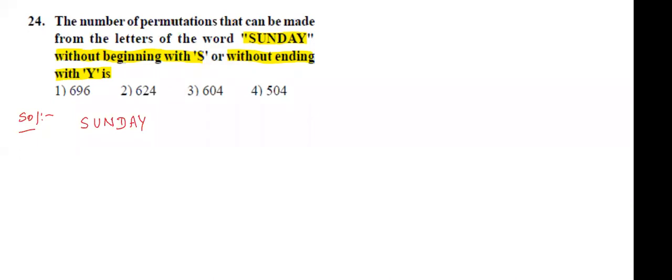So here we get different cases. Suppose the first place is filled with S, then what about the last place? Y can be filled or cannot be filled in the last place.